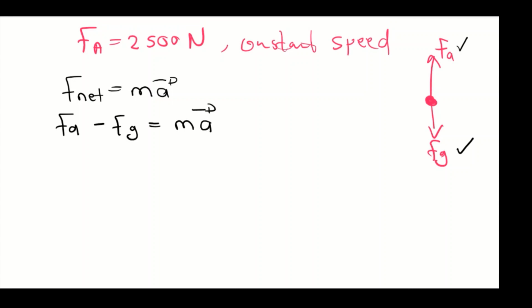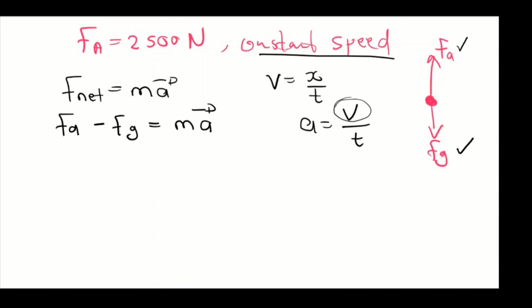Remember that we were told that the lift is traveling at constant speed. Speed is displacement over time, but acceleration is change in velocity over time. If the speed is constant, then the final velocity minus the initial velocity gives 0, divided by time, so acceleration will definitely be equal to 0 in this case.